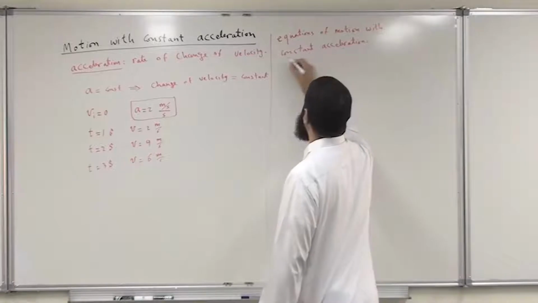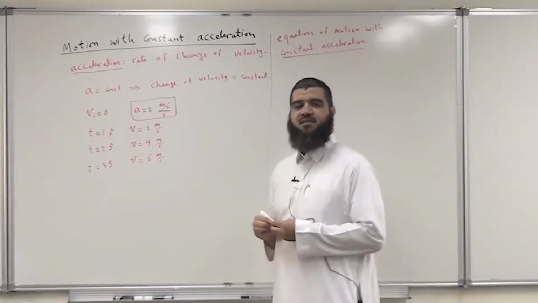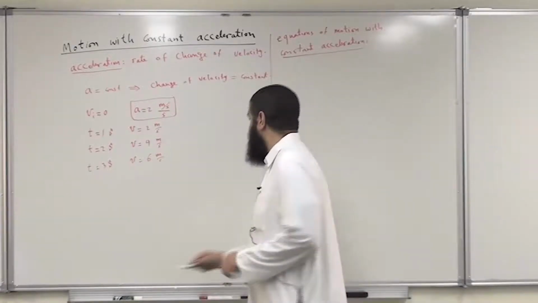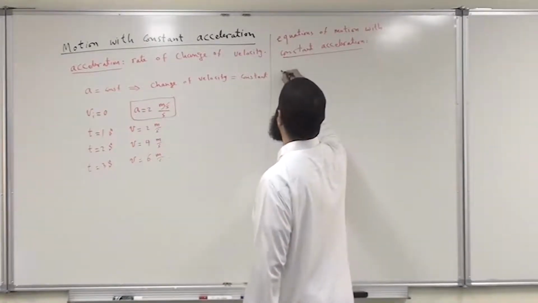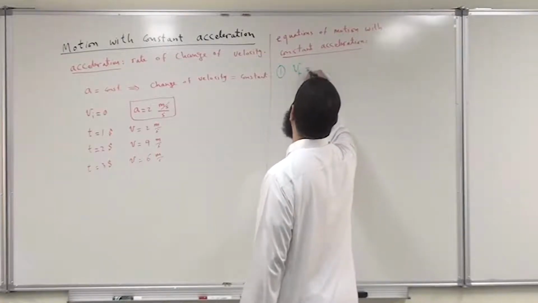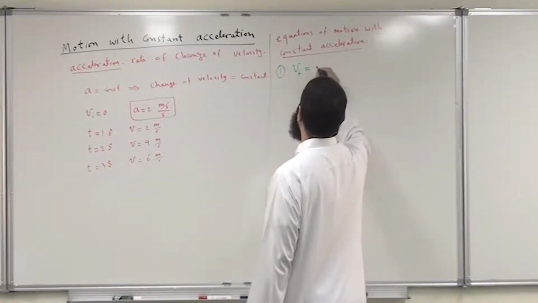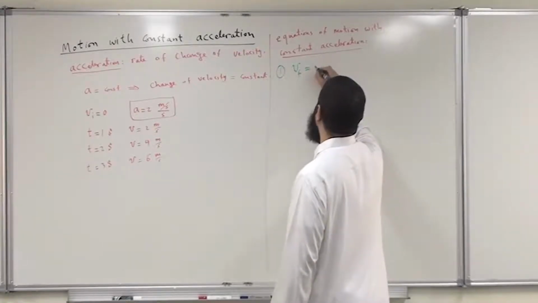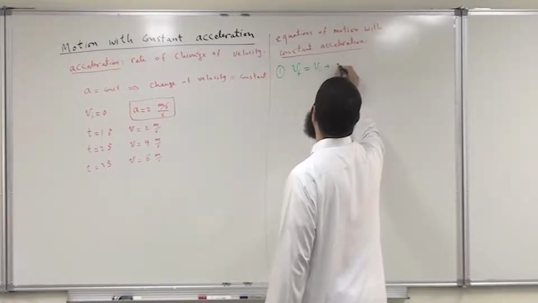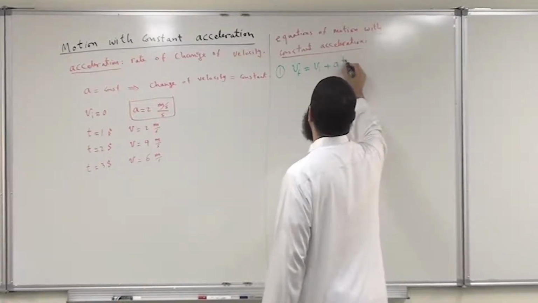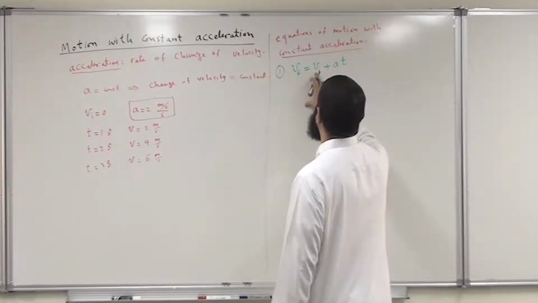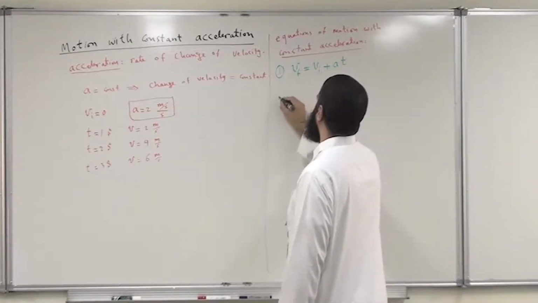They are explained in your textbook. The derivation is explained there. I will not repeat it here, but let us write them. Equation number 1 gives us the relationship between 4 physical quantities. The final velocity at any final time equals the initial velocity plus the acceleration multiplied by the time needed for this change from v initial to v final.